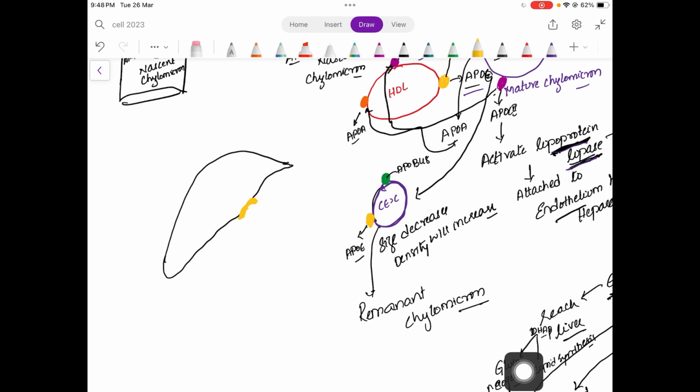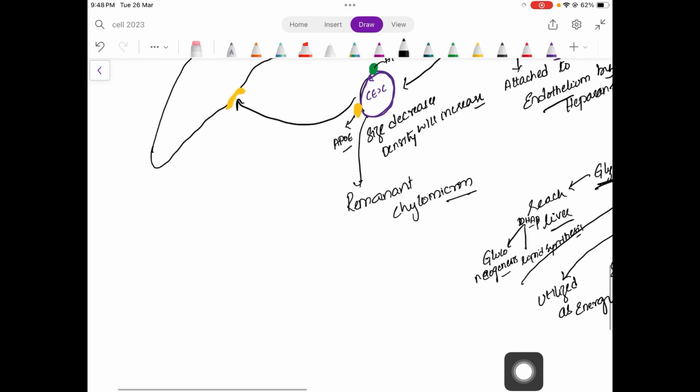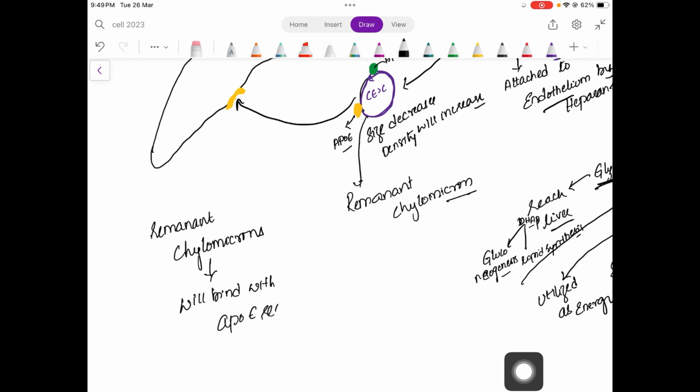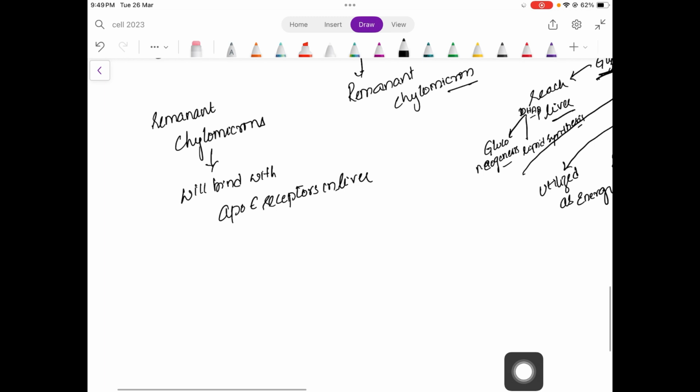These remnant chylomicrons will bind with these ApoE receptors in the liver, and after binding with the ApoE receptors, these remnant chylomicrons are endocytosed.